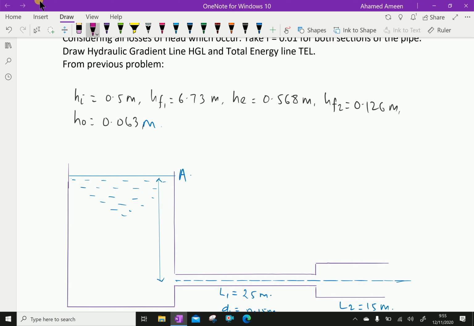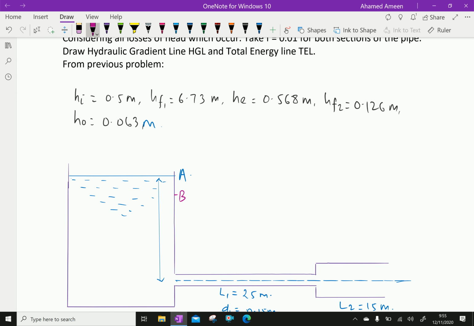Then draw a vertical line AB equal to the loss at entrance, that is 0.5 meter.